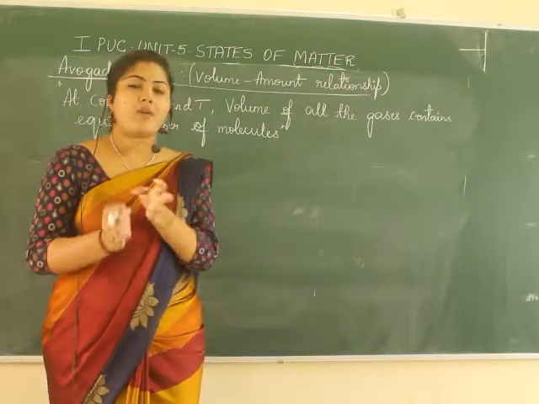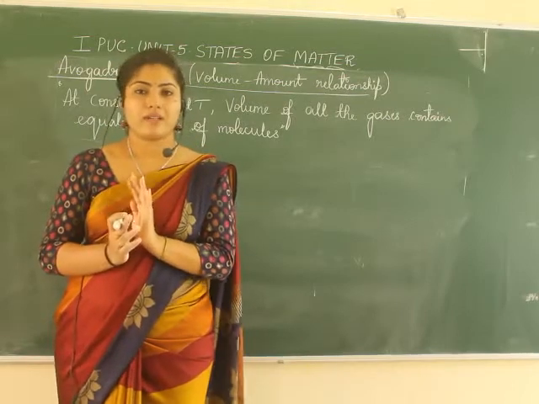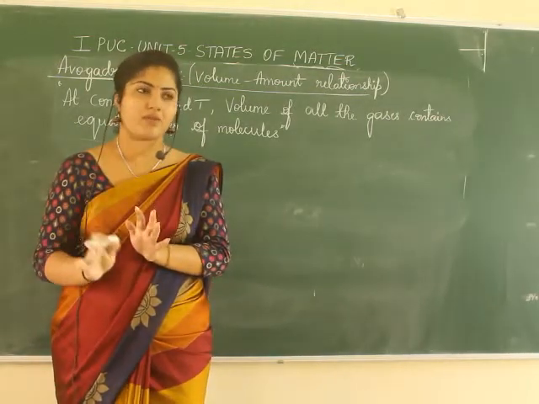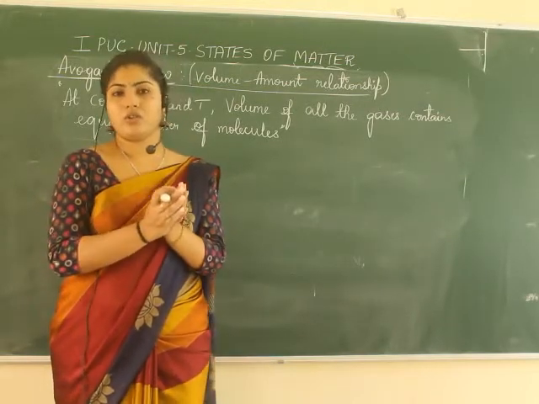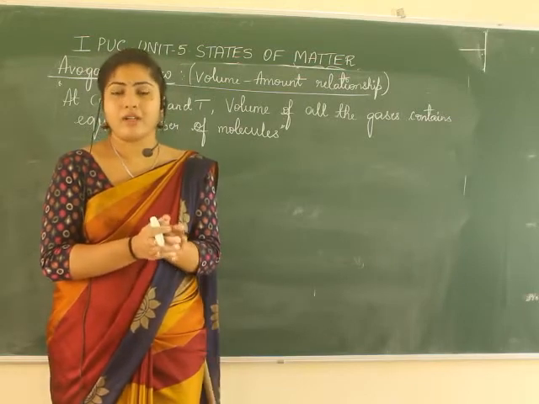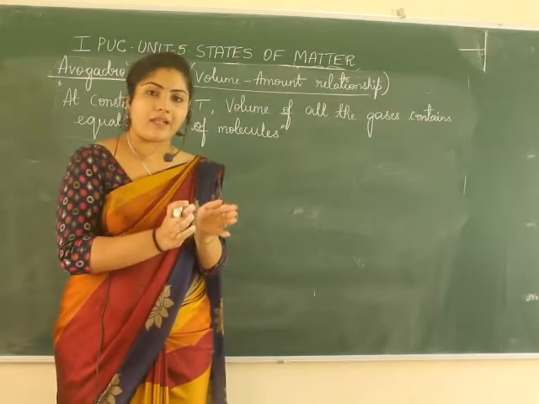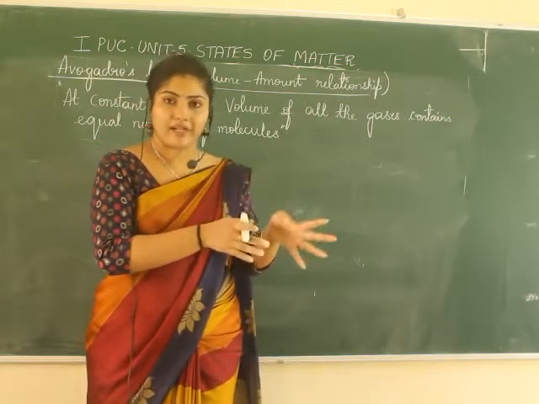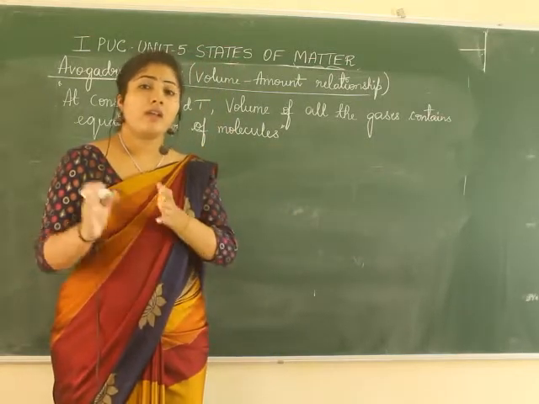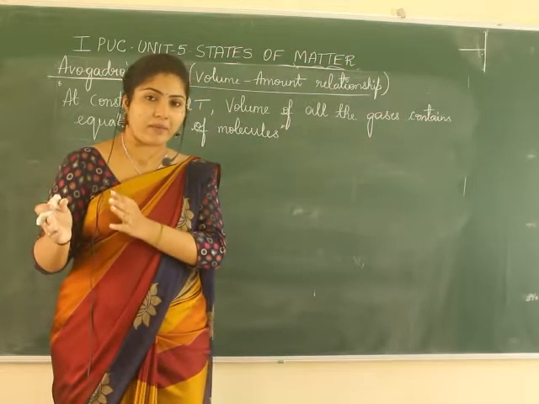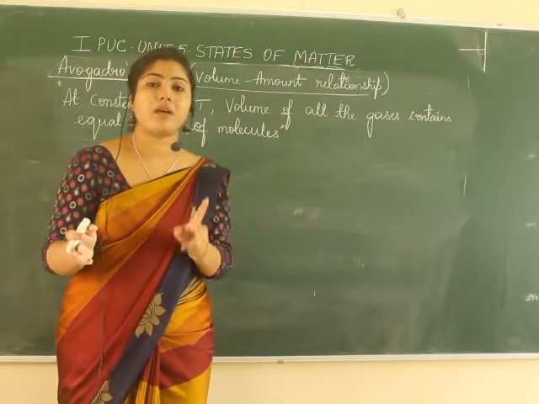Say you have a particular pressure, say 100 Pascal. Temperature is 273 Kelvin, for example, or say 373 Kelvin. So with 100 Pascal and 373 Kelvin, pressure is constant, temperature is constant. Now you take different gases. Take 10 ml of oxygen, 10 ml of nitrogen, 10 ml of chlorine. These are all gases. At the same conditions of temperature and pressure, volume of all the gases will have equal number of molecules.